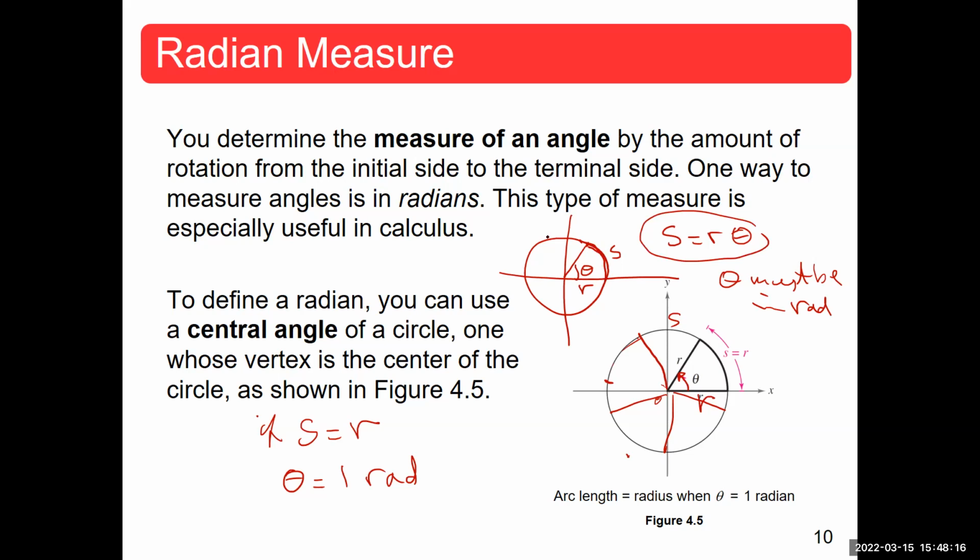If I keep going all the way around until I go back to the same location, starting from here and going back to here, that's a full circle. How much should the angle be? Full circle: two pi. Theta equals 2 pi. Then the entire length, S total, equals 2 pi r.